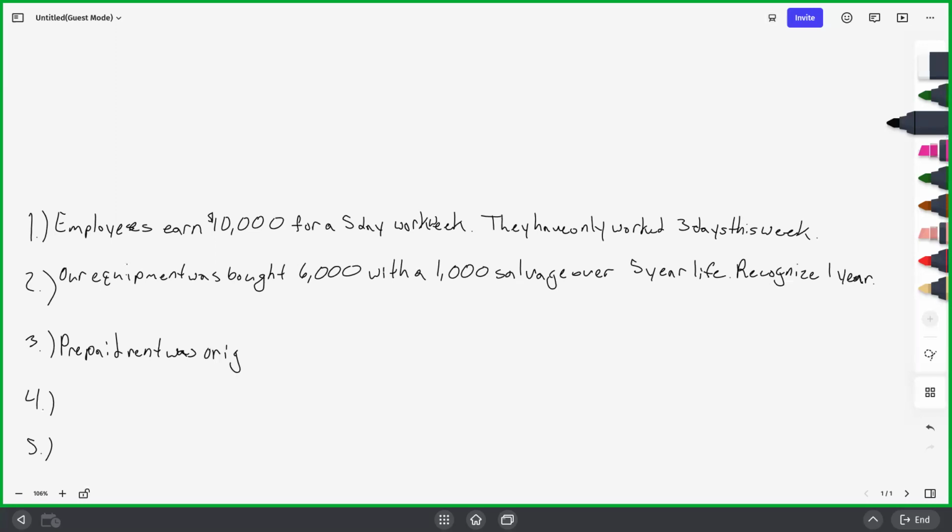It's going to be 1,000. What's the depreciation expense? Just one credit for it. Oh yeah, depreciation. I'm dumb. I did it reverse. No.